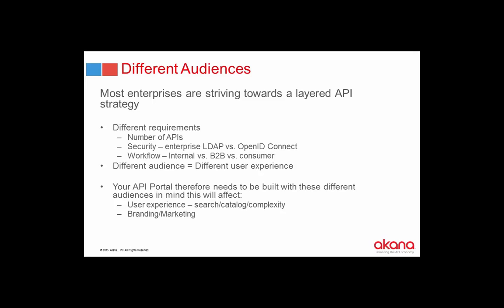You're also going to have to think about how the branding and the marketing of this particular API portal will change based on that. Your internal intranet branding is different from your external branding, and it's a lot easier to brand something internally than having to work through your brand people and your marketing people to figure out what your consumer-facing brand should look like and how that integrates with your brand strategy as a corporation as a whole.